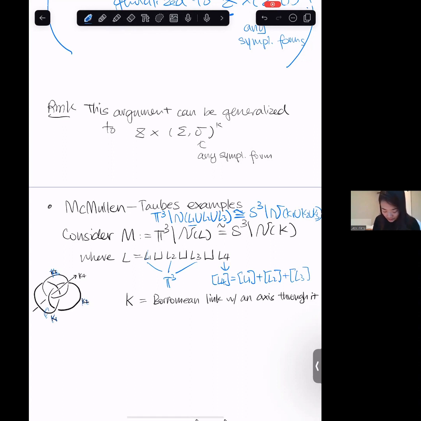And then you look at this extra component K4, which is sent to L4. So we can consider the manifold M that has two descriptions: either T3 minus this four component link or S3 minus this four component link.